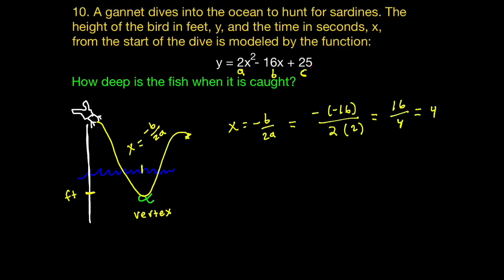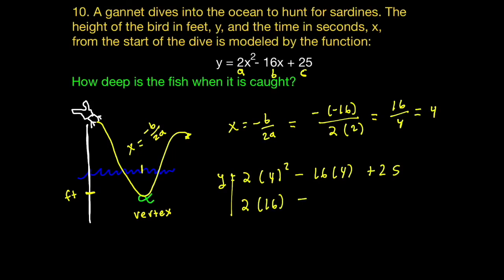Now we're going to plug that in to find the y value here. So we're going to replace all of the x's with a 4. And now we're just going to evaluate this. So here we're going to get 2 multiplied by 16. We're going to subtract 16 multiplied by 4, which is 64.